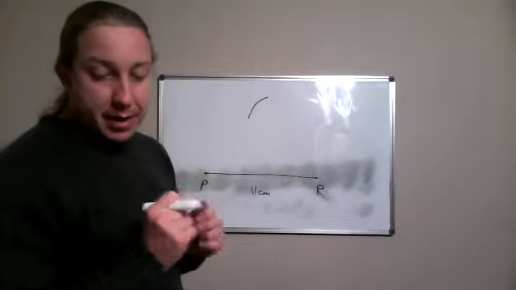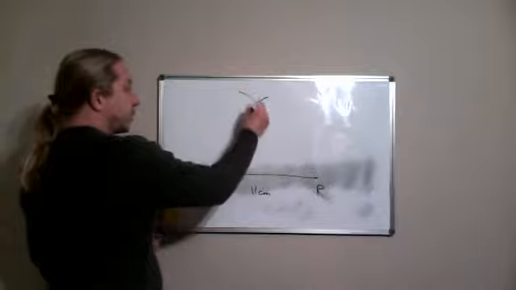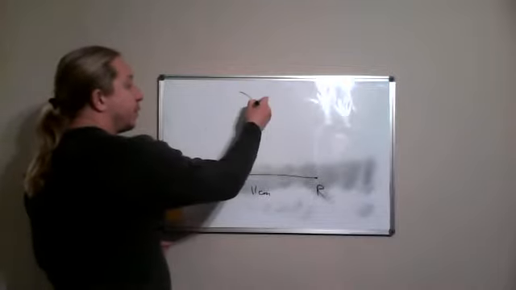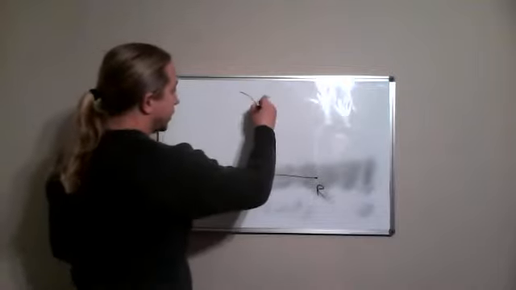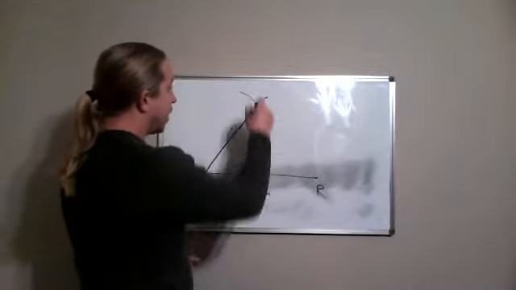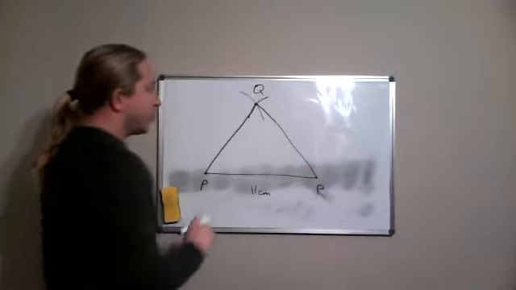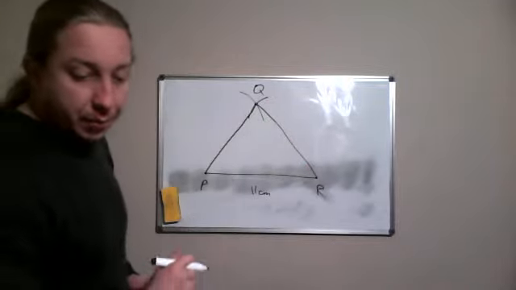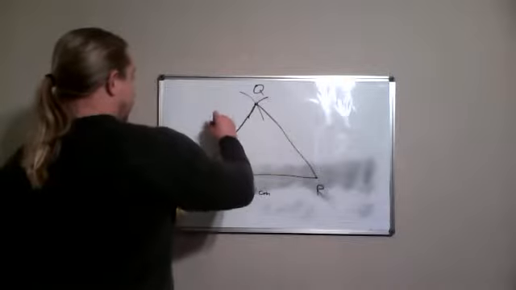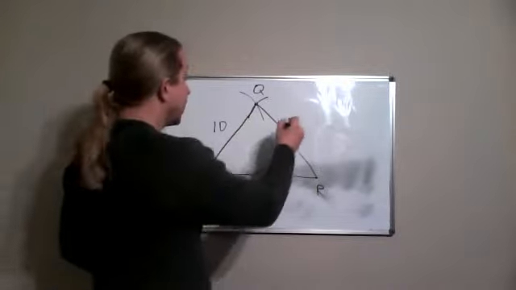Then I set my compass to 10 centimeters, PQ, make an arc over there. The point of intersection is the third point of your triangle. So this is PQR. That's how we draw a basic triangle. You can put the measurements on it. So this is 10 and this is 9.